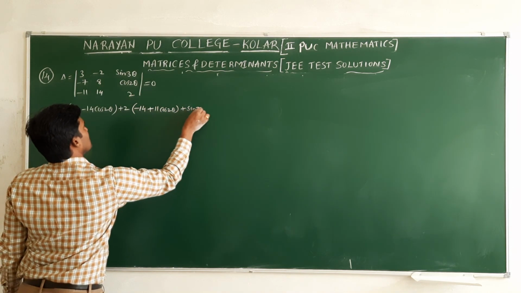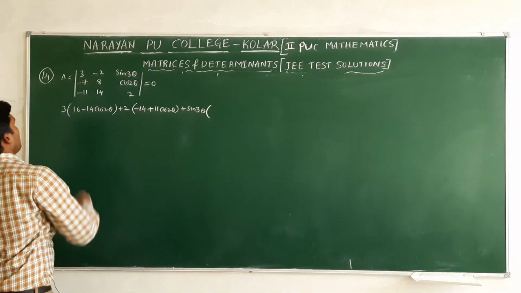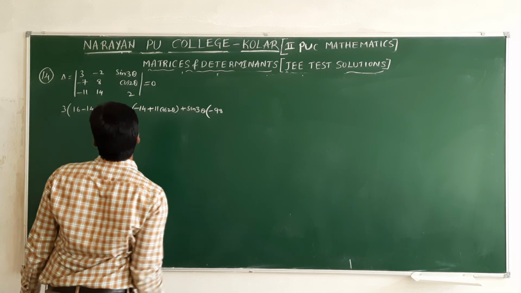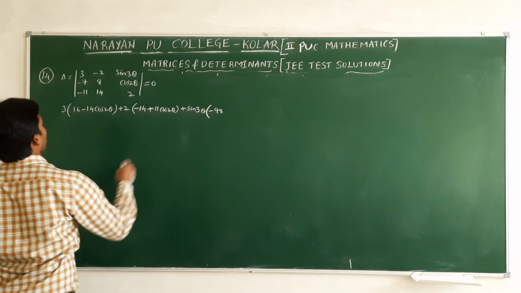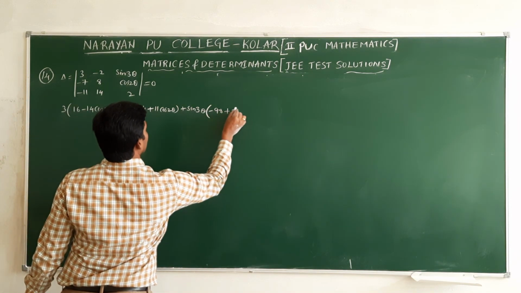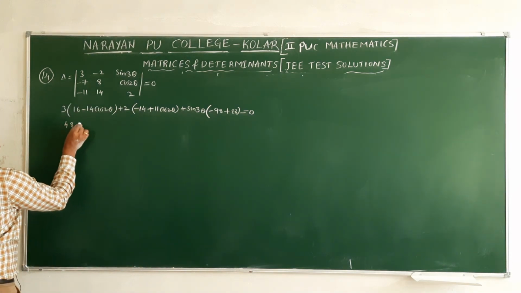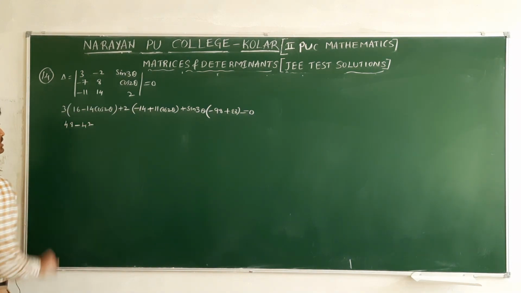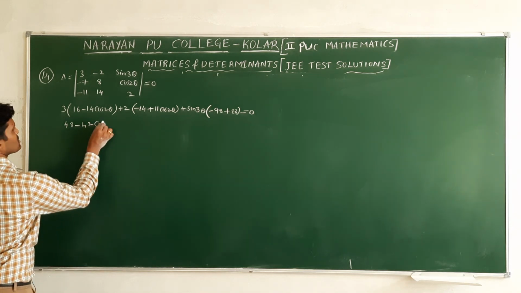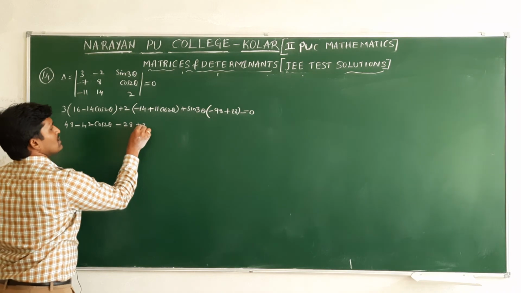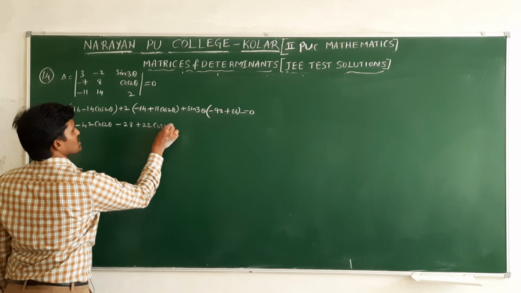Last, sin 3 theta into minus 7 into 14, that is minus 98, plus minus of minus plus, that is 88, equal to 0. Multiply inside: 48 minus 42 cos 2 theta minus 28 plus 22 cos 2 theta.